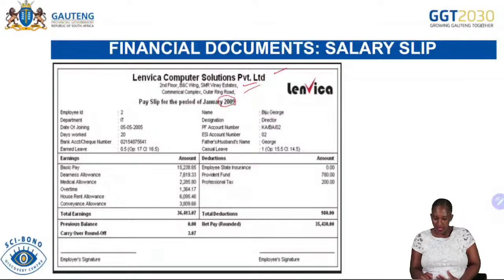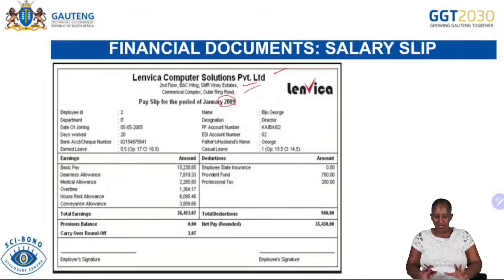The name is Buju George, the designation is director, and then the account number, the PF account number, the ESI account, and the father's or husband's name.